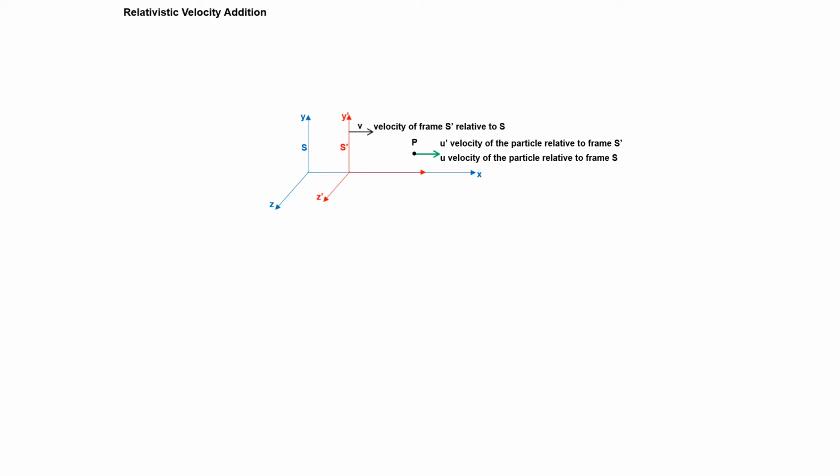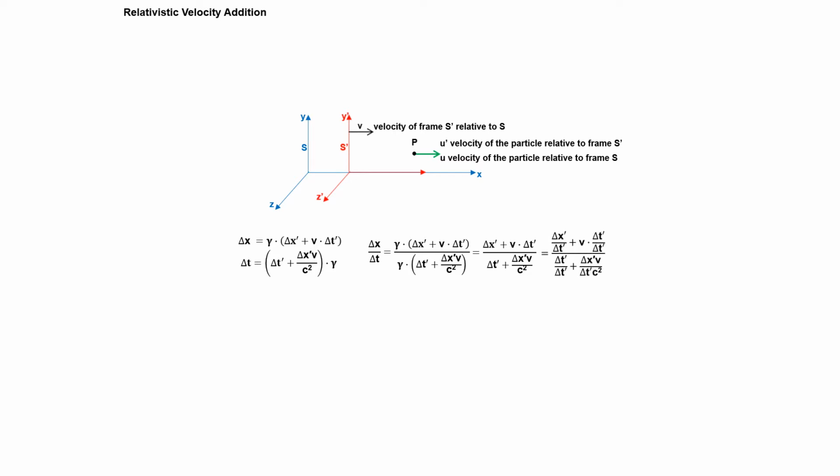We can use the Lorentz transformation equations for pairs of events for writing delta x and delta t as follows. If we divide the first of these equations by the second, and divide the numerator and denominator of the right side by delta t prime, we find: as we know, delta x over delta t is the velocity.